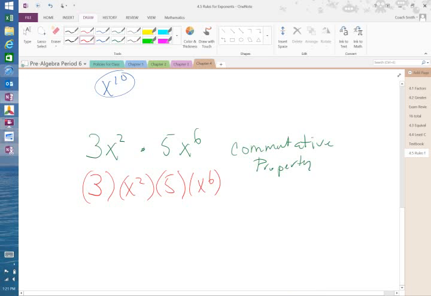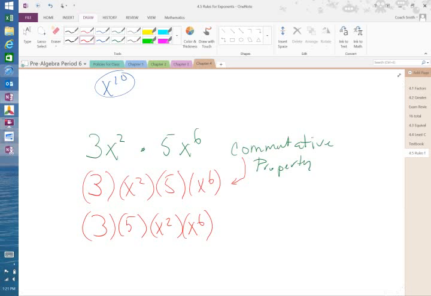Okay, we can use the commutative property right here, and we can do this. We can do that right there. 3 times 5 times x to the second times x to the sixth.